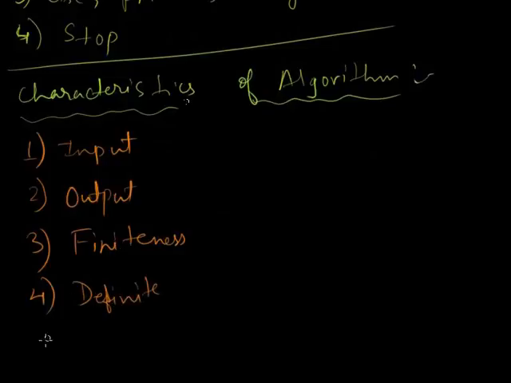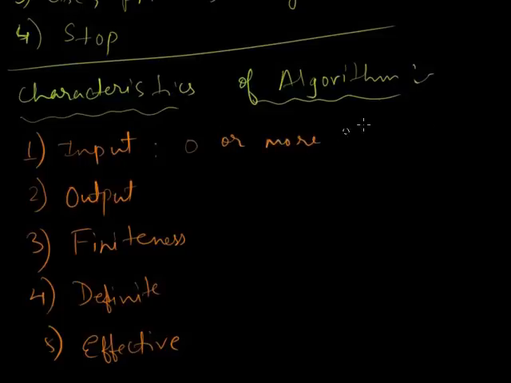And the final fifth characteristic is effectiveness. Now let us learn what these mean. The input is what you take from the user or from some other source. So the input for an algorithm should be zero or more. The algorithm may or may not take any input, but it should provide at least one output.